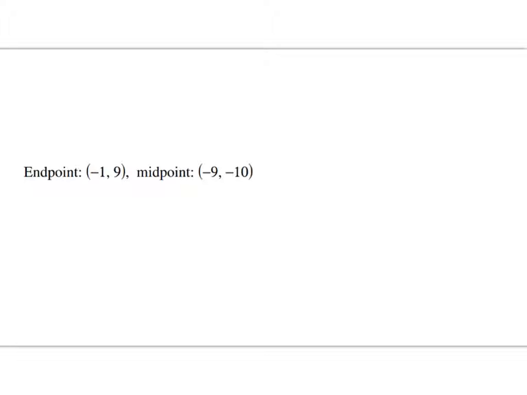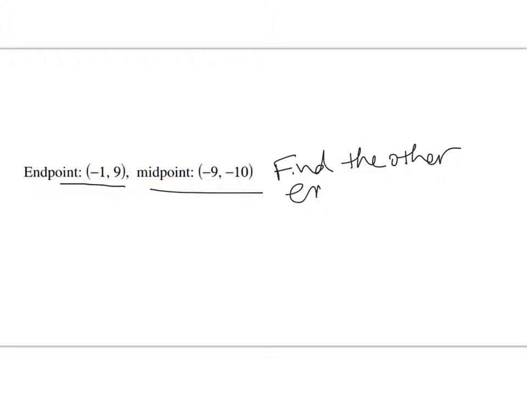So sometimes you're given an endpoint and the midpoint, and you want to find the other endpoint. So in this case, you might want to break your midpoint formula down a little bit.